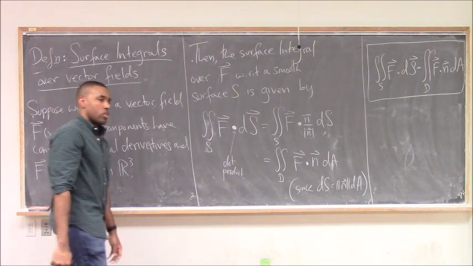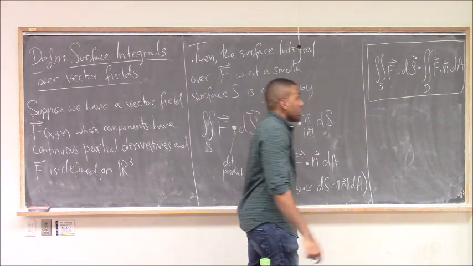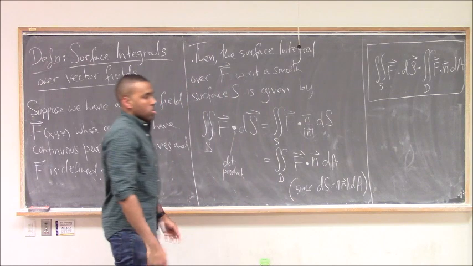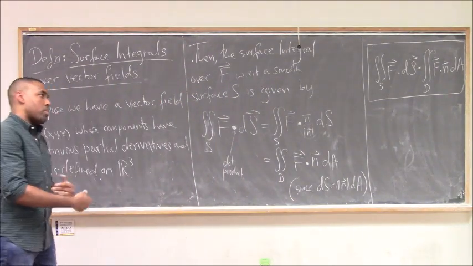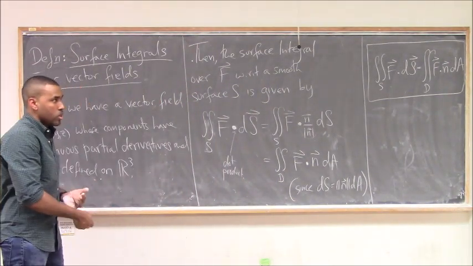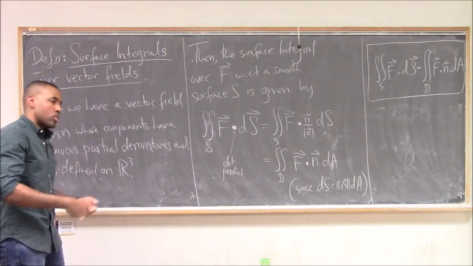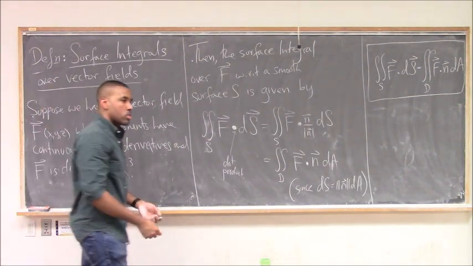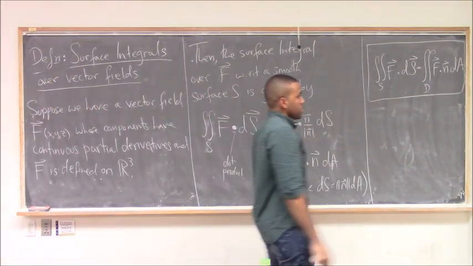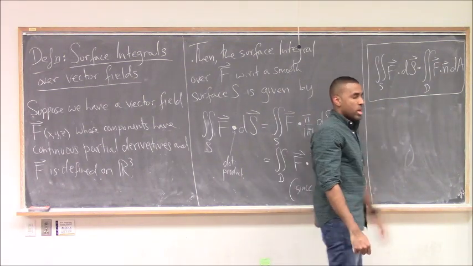So it's going to depend on an orientation, which will be given to you somehow. I'd say positively oriented if my surface is closed, or I can tell you oriented so that normal vectors point up, or down, or to the right or to the left. So there is going to be some directional component here.